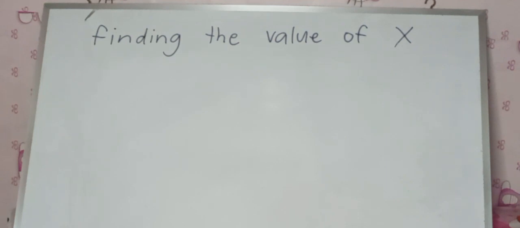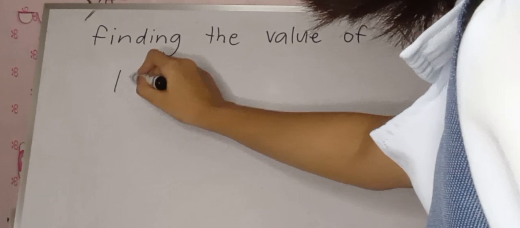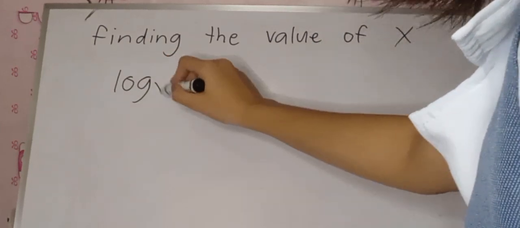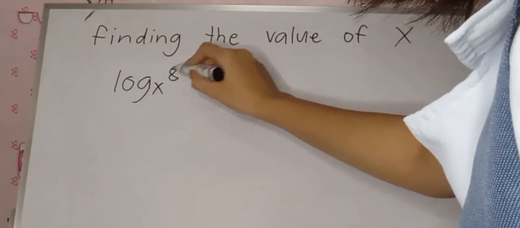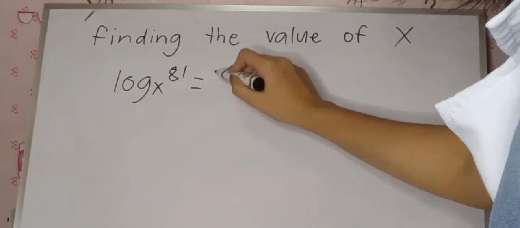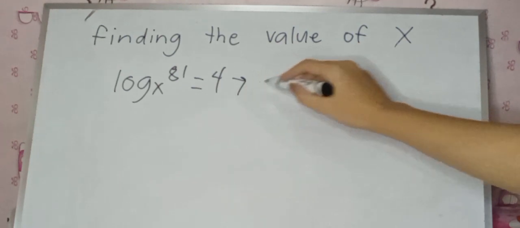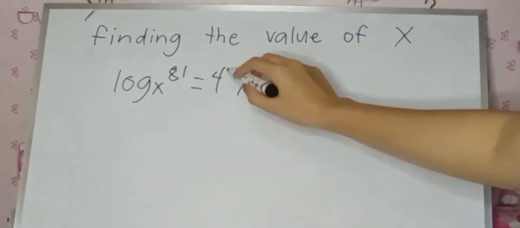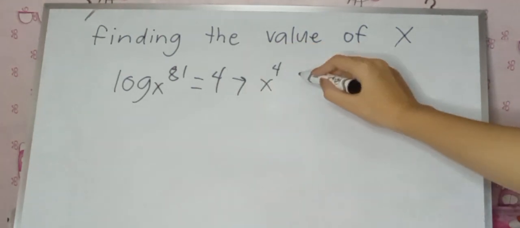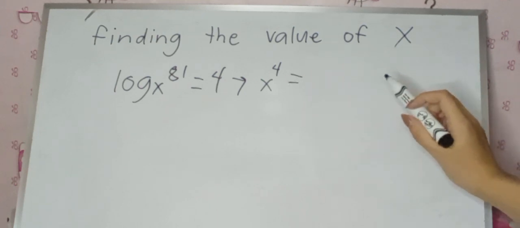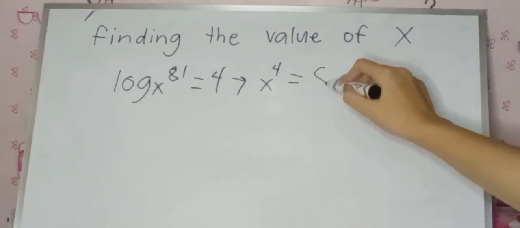Last example. What if log base x of 81 is equals to 4? Magiging x raised to 4 is equals to 81.